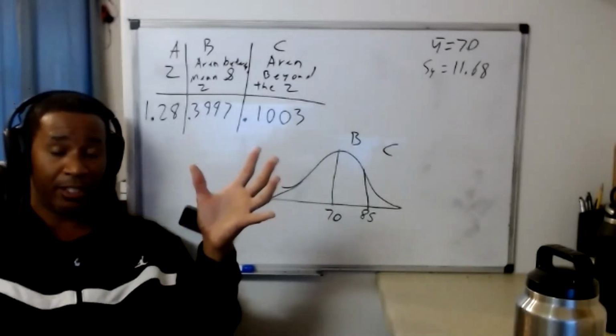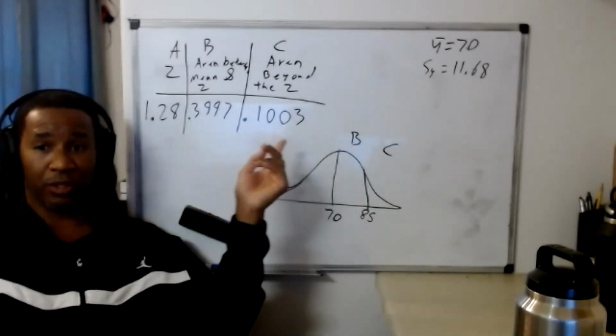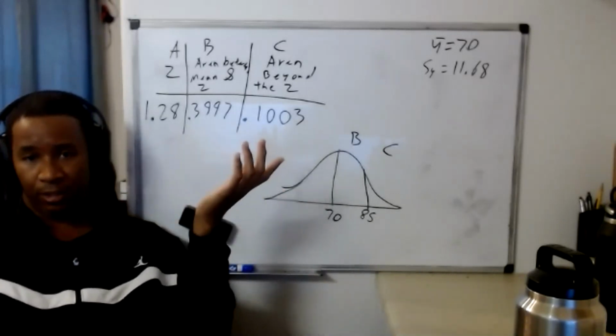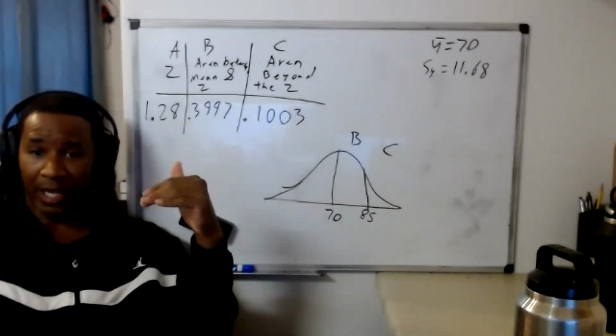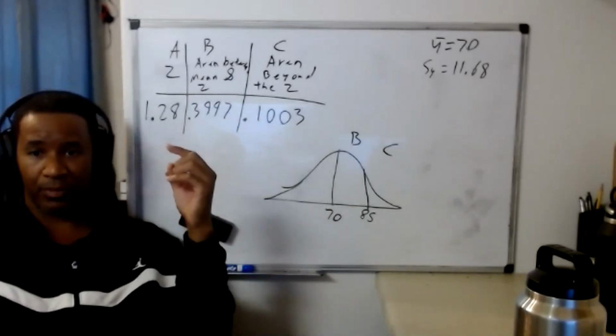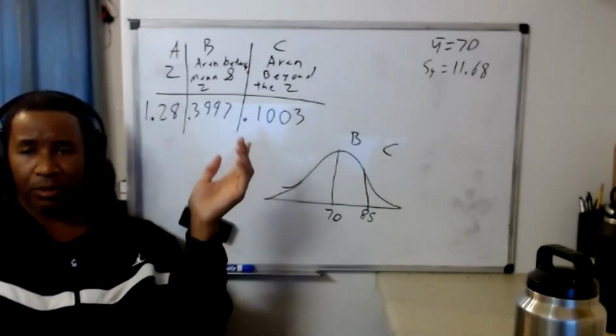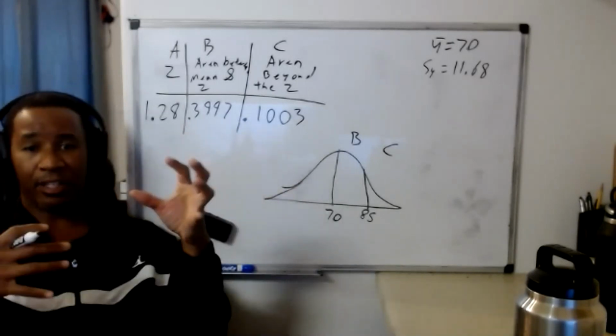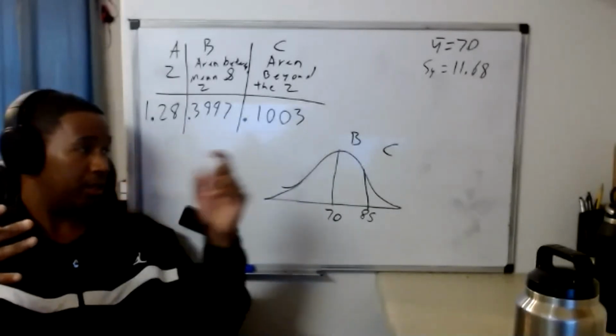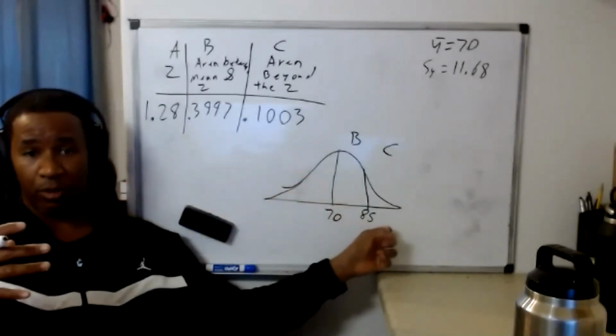If you want to take a percentage and turn it into a proportion so you can look for it in the standard normal table, you take that percentage and divide by 100 to get a proportion. Okay, so now that we have these numbers, 0.3997 and 0.1003, that tells me the proportion of students who did between my score and the mean, and the proportion of students who did better than I did, or beyond my score.